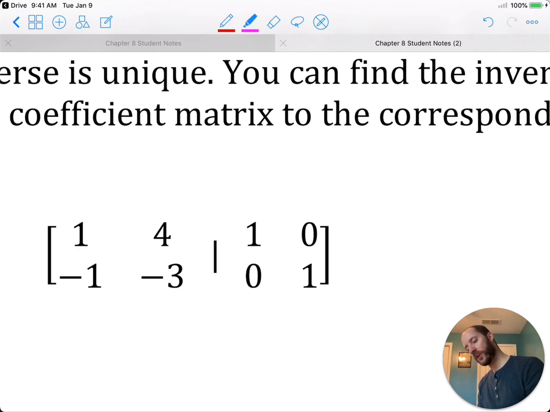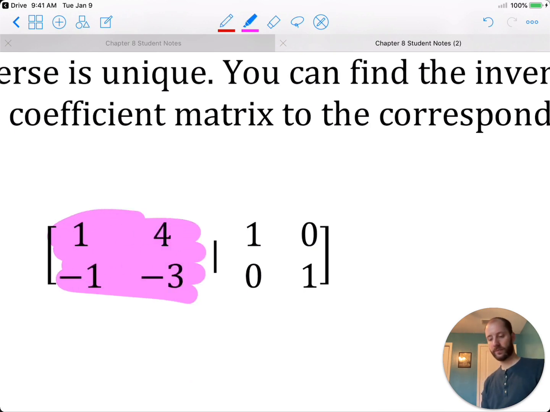So we're going to focus on only the left side. We're going to do row operations to turn that into an identity matrix, and whatever happens on the right side just goes along for the ride.